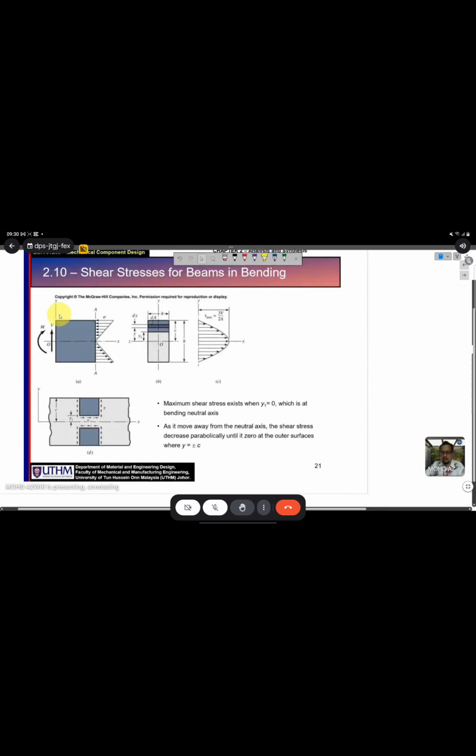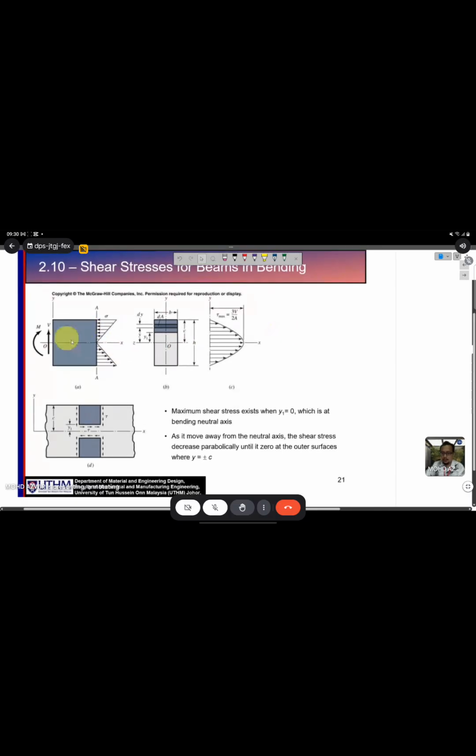Okay, still at the bending load. Some points at the bending load will produce a maximum shear stress. Actually, if you look at these two figures here, you can see that if you study at the top plane, the normal stress will become maximum at the top.